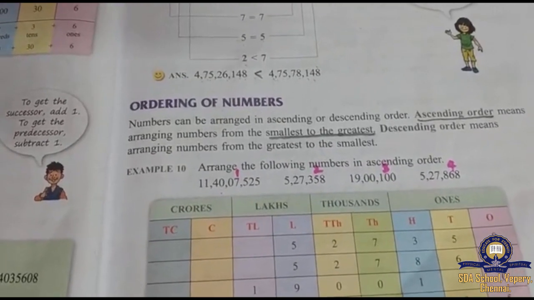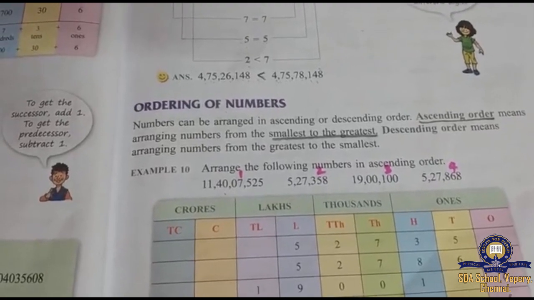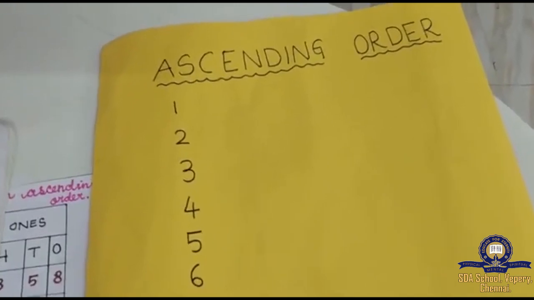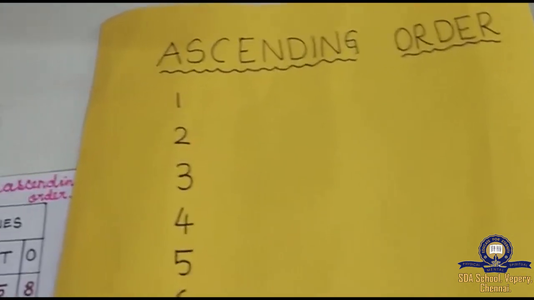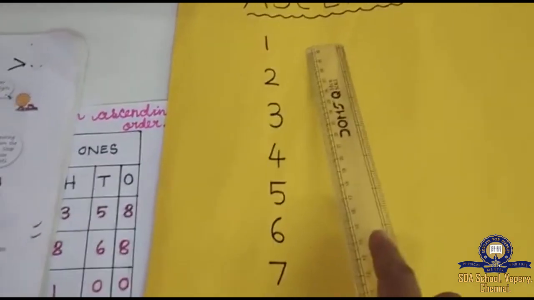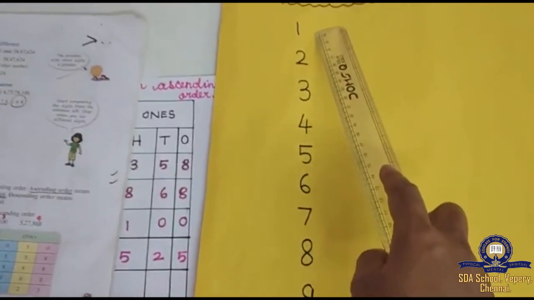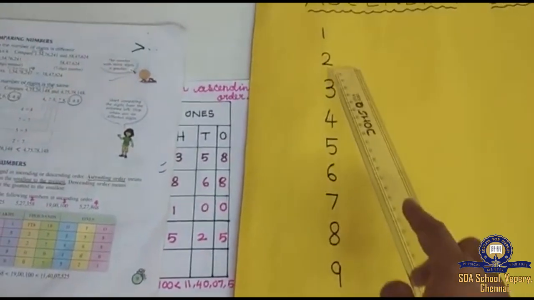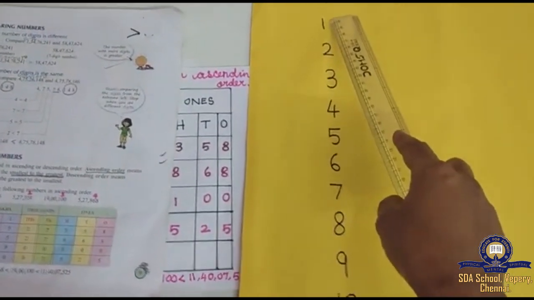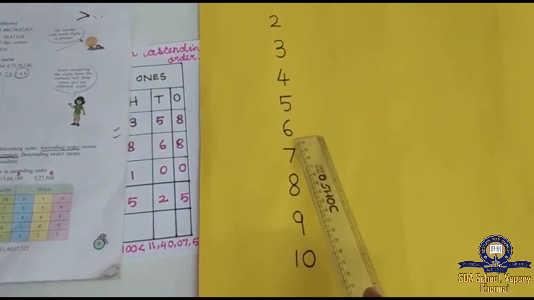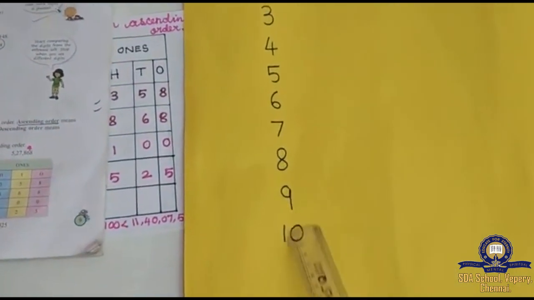Now I will show you a chart and explain clearly. Ascending order means we have to arrange the numbers from the smaller number to the bigger number. For example, I have arranged 1, 2, 3, 4, 5, 6, 7, 8, 9, 10.